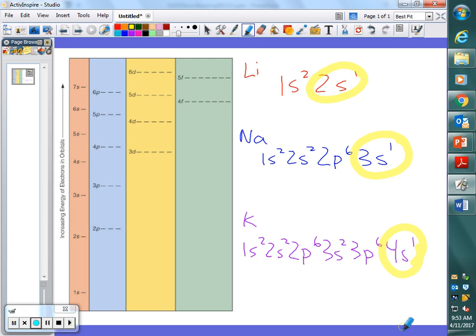Let's do something a little bit trickier, but it's important that we understand this. What's the electron configuration for fluorine? Electron configuration for fluorine. I purposely gave you a not long one.